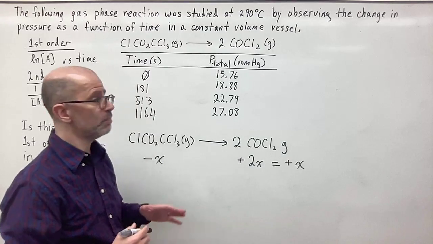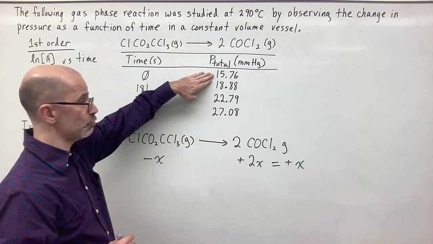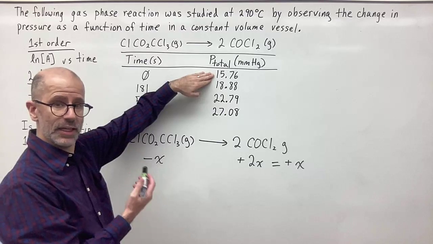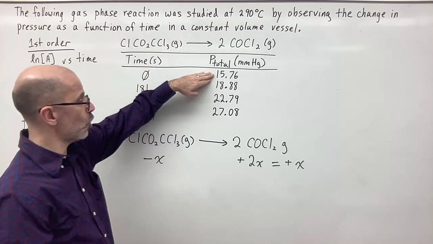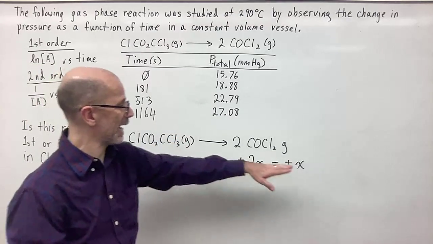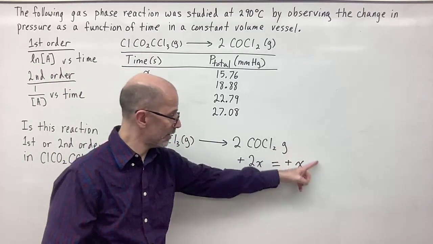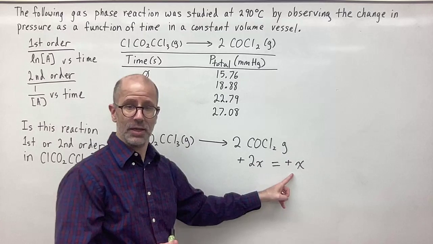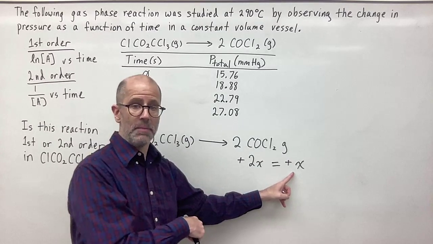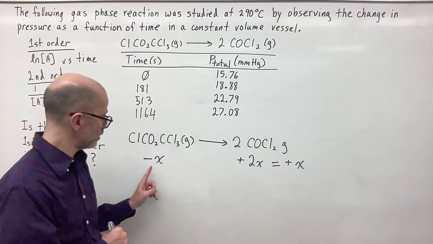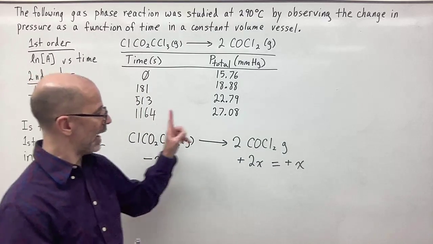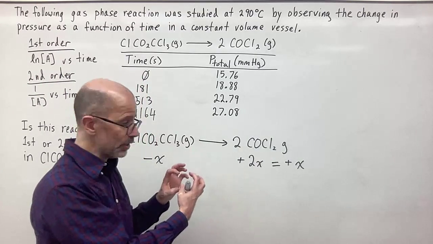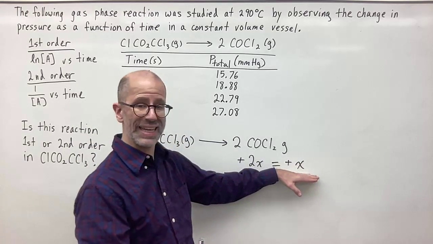Whatever I lose from this amount in my reactant, as far as pressure is concerned, is going to be equal to the amount that I gained in the total pressure. So this represents the overall gain to my total pressure due to the reaction. I lose an x amount from my reactant, I gain 2x from my product, and adding those together, I get an x amount gained.